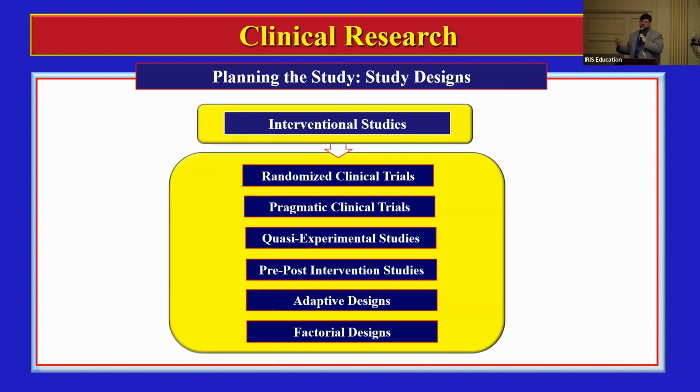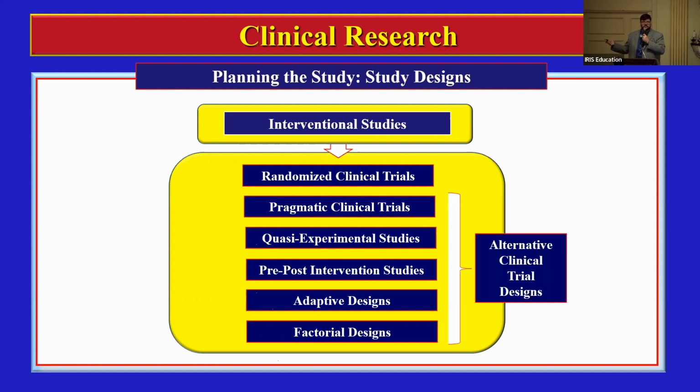Now, there are many different types of interventional study designs, and they're listed here, and we're going to go through them. The gold standard, of course, is a randomized clinical trial or randomized controlled trial, as it is also commonly referred to. But we have many alternative clinical trial designs that kind of play with some of the parameters that are involved. And so first we're going to discuss randomized clinical trials.